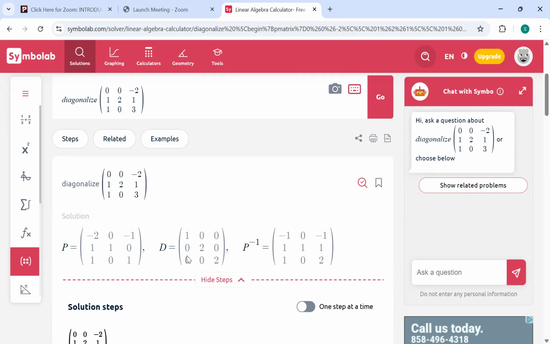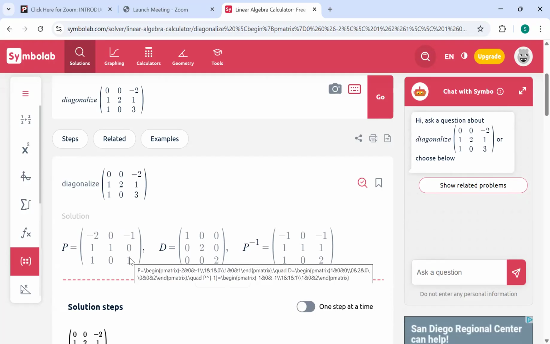And then this is the diagonal, right? The diagonal matrix is 1, 2, 2. Ours was 2, 2, 1. It was 2 in the first row, first column, 2 in the second row, second column, and it was actually 1 in the last. So it seems like the order here matches the order that Symbolab has done.